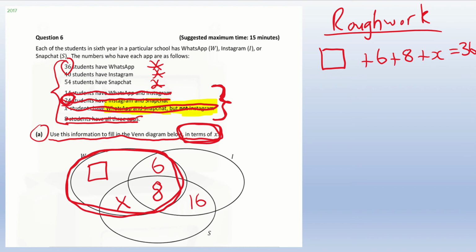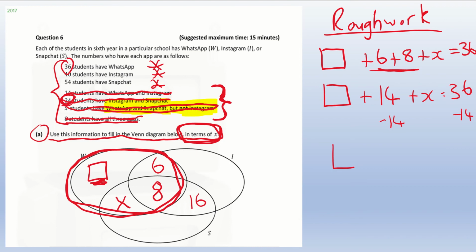Now, I want to find out what the square actually is. So what I'm going to do is simplify my left-hand side. I'm going to say my square plus, well, 6 plus 8 is 14, plus x is equal to 36. If I take 14 away from both sides, remember I'm trying to get the box on its own, I get the box plus x is equal to 36 minus 14, which is 22.